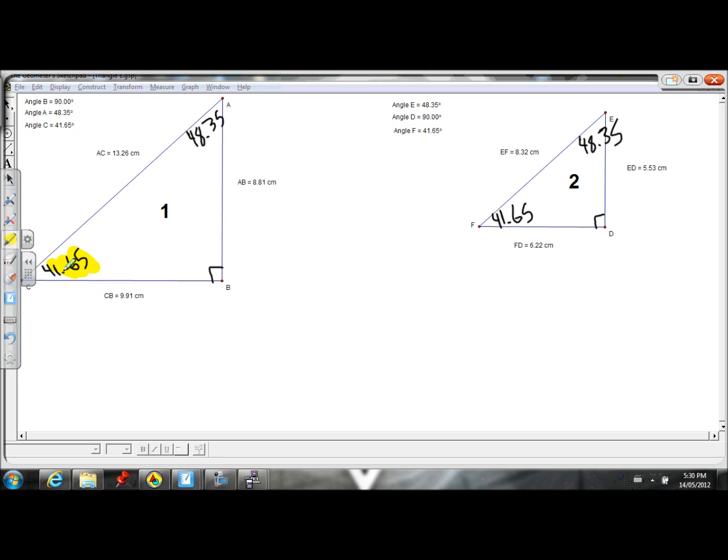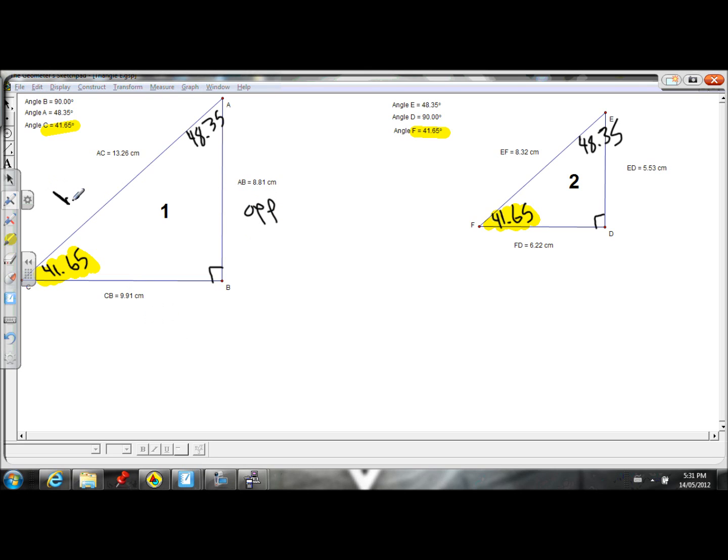We're just going to do a little discovery here. If I make angle C my reference angle, that would make angle F my reference angle for this one, so I keep it the same because angle C is equal to angle F. This would be my opposite side, opposite that angle.